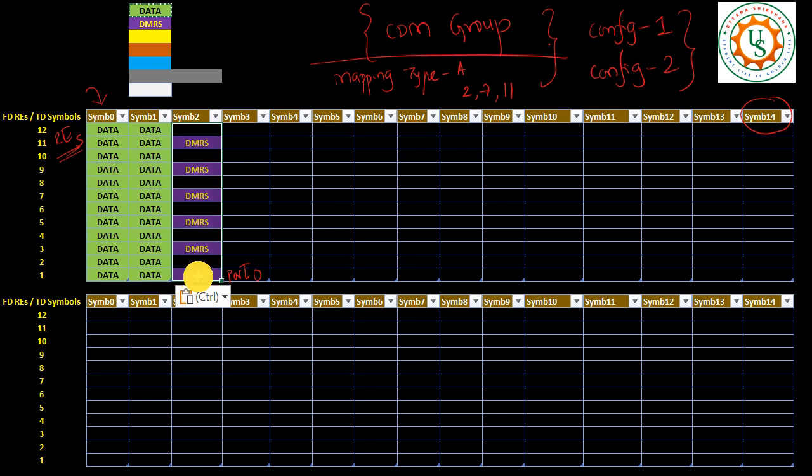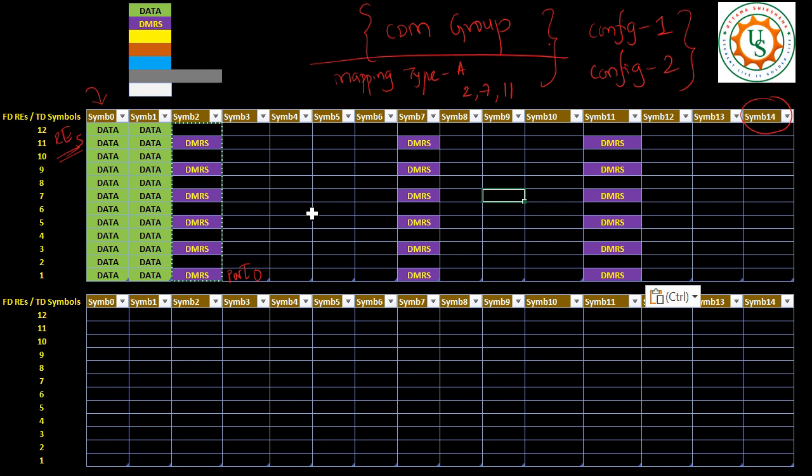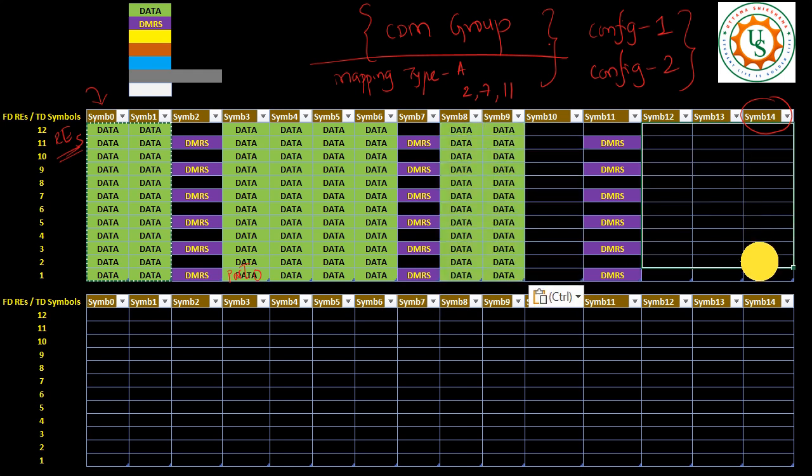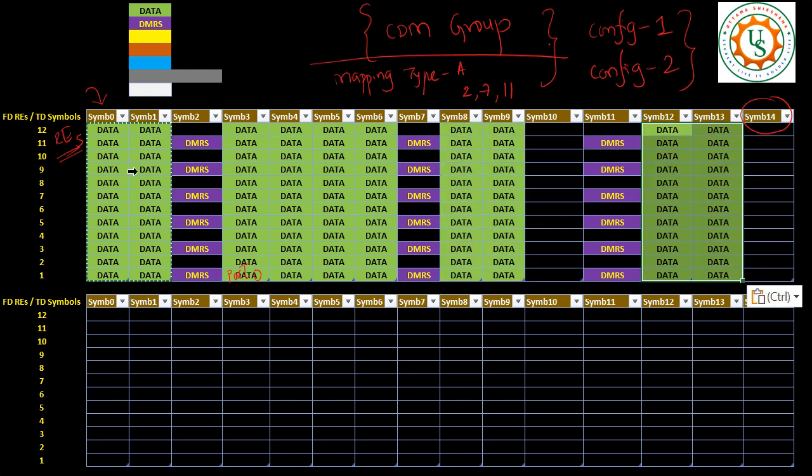First let me copy this 2 on symbol 7 and symbol 11. Now usually the data will be occupied like this, right? On the DMRS symbol, wherever there is a vacant RE, the data is not occupied. This is the case when the CDM group without data is equal to 2.